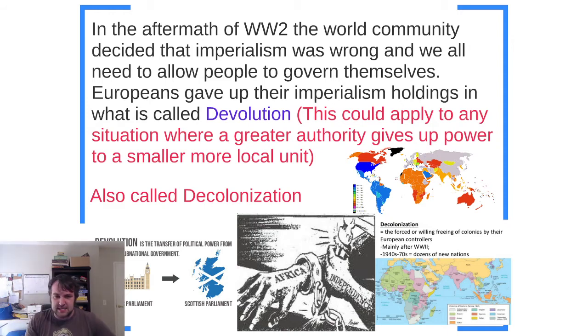Okay, anyway, devolution. That's when you could be giving up a colony and making it independent. You could be saying, hey, at the federal level, we said prostitution is illegal, but now we'll give you the option to keep prostitution illegal, or you can mandate whatever laws you want at your local level.